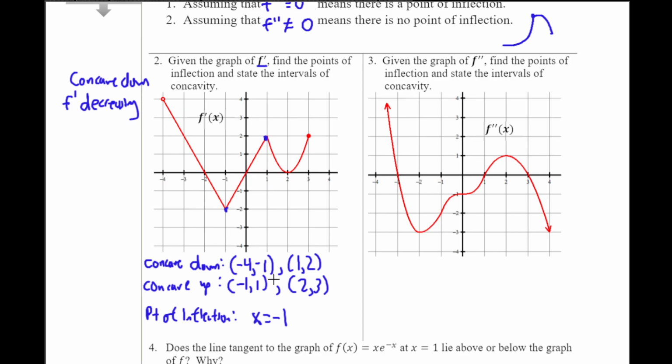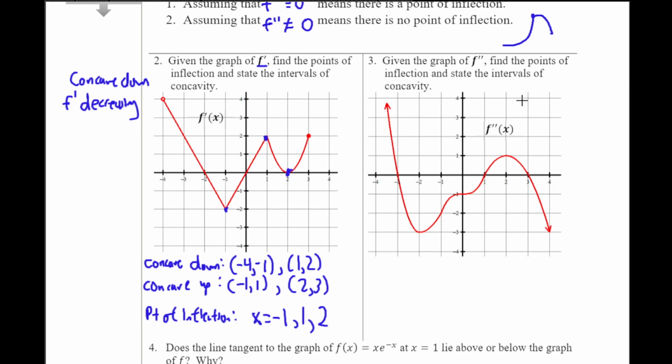Right here, we are going from concave up to concave down, so x equals 1. And right here, at x equals 2, we're going from concave down to concave up. Again, this is just with the f prime graph. For f prime to determine concavity, you're looking at when f prime is increasing and decreasing.